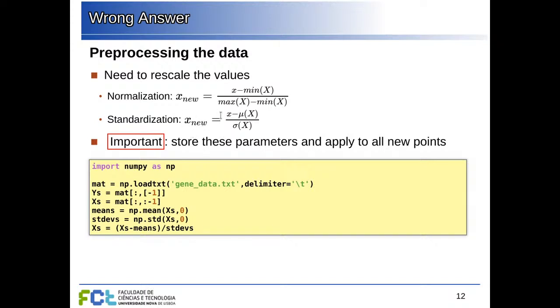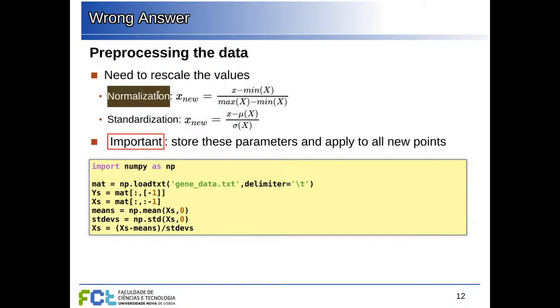How we can do this is to subtract from each of the original values the mean of all the values that we have in our data, and then divide by the standard deviation. If we subtract the mean, the mean of the resulting set of values will be 0, and if we divide by the standard deviation, the standard deviation of the resulting set will be 1. So this is standardization. We rescale everything so that the average is 0 and the standard deviation is 1.